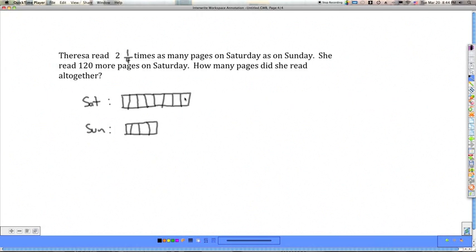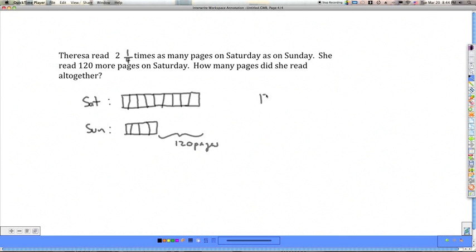So that is 1/4. So if she read 2¼, that would mean 1 more of those units. Each of those is equal to 1/4. Altogether, she read 120 more pages on Saturday. That's the 120 more pages extra. It's 5 units that equals 120.